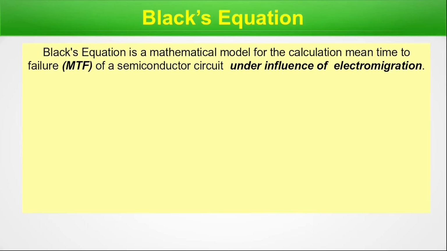And one thing I would like to clarify: electromigration is not only for VLSI, it's basic physics. However, since we are focusing on VLSI, we are focusing much more on the things that happen in VLSI. So here is the equation of the mean time to failure. Let me bring my mouse. Here you can see the T factor, the temperature in Kelvin.